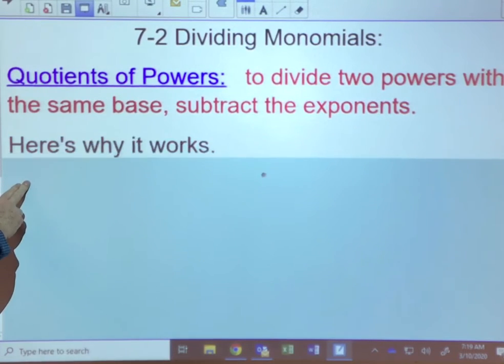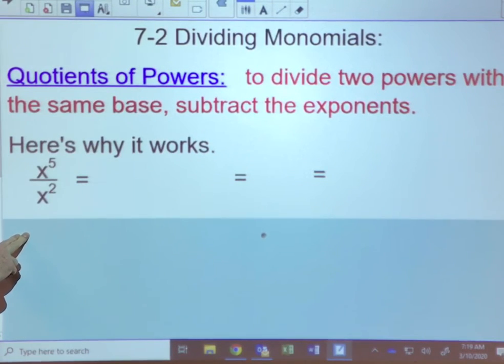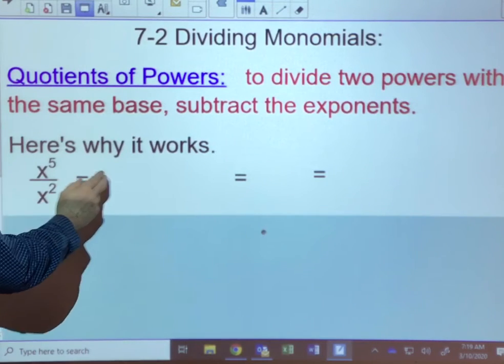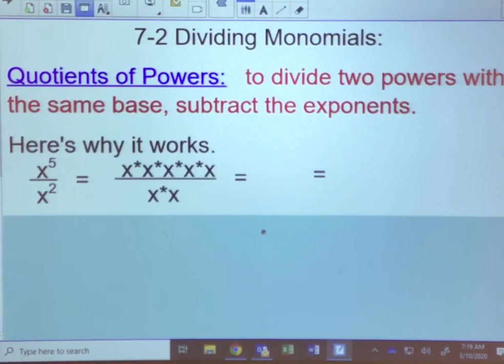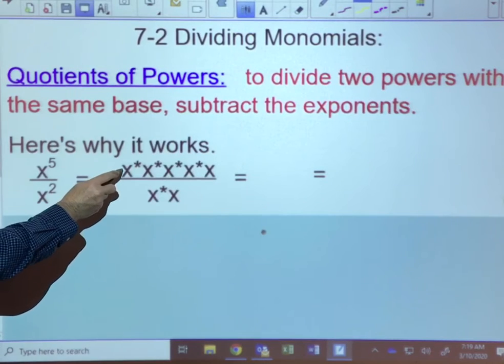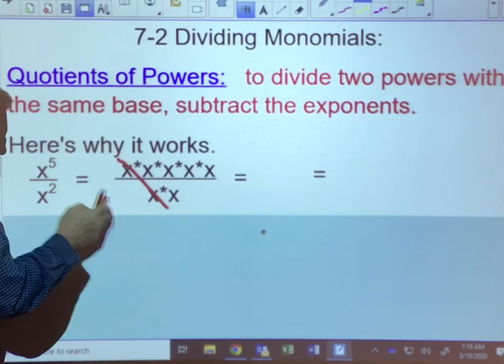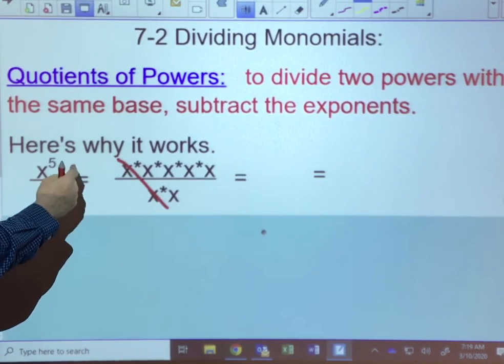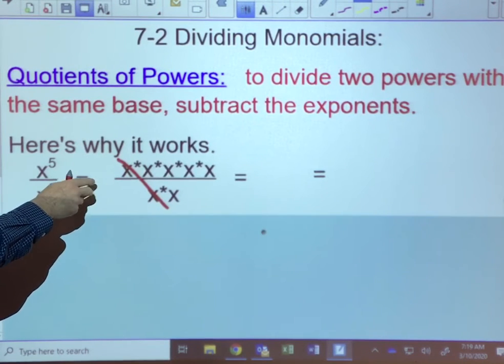Let's take a look at why this works. So we start out with a simple problem here. It just says x to the fifth power divided by x to the second power. If we expand that and take a look at it, this is what that problem is saying. I know that I can do some canceling out or actually dividing here, but I can divide this x and that x together, and I end up with a quotient of 1.